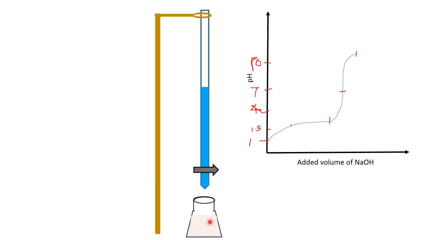That's why with the base, it is giving pink color. That's why you can see pink color here. And we can use bromothymol blue as well, as it has a 6.2 to 7.6 pH range.